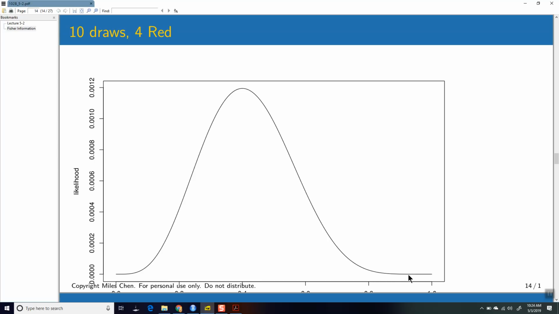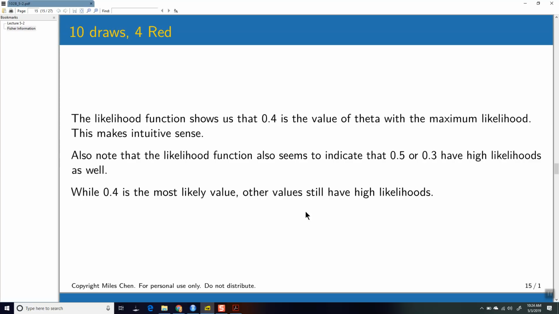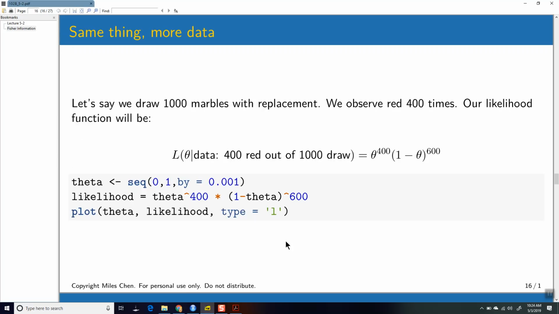It's only when you get to like 0.9 or 0.01 that your likelihood is really low. With 10 marbles and getting 4 red, there's still quite a high likelihood of values other than 0.4.